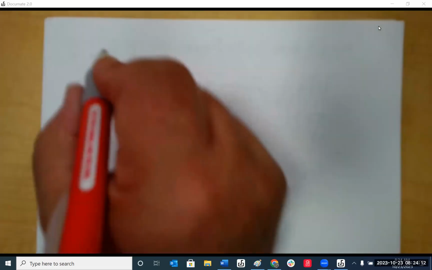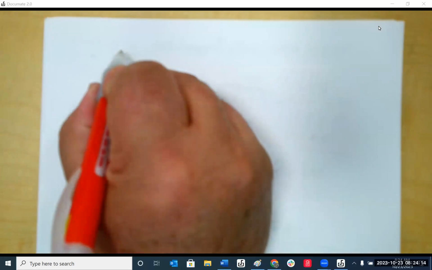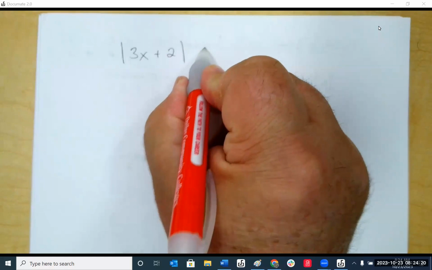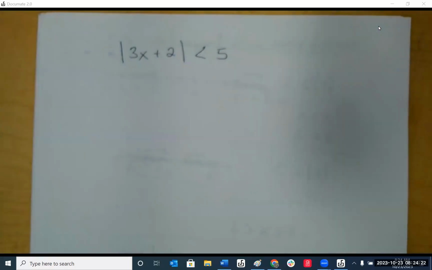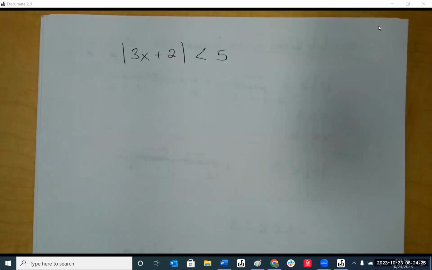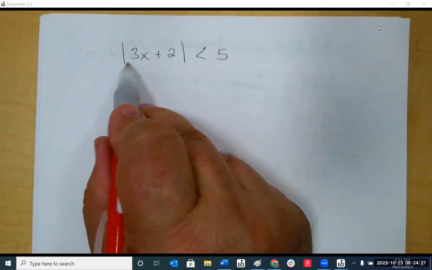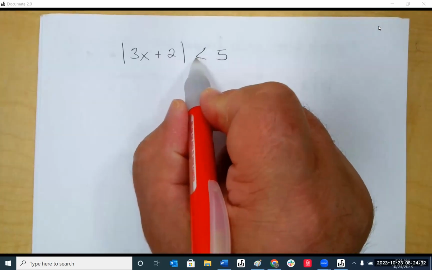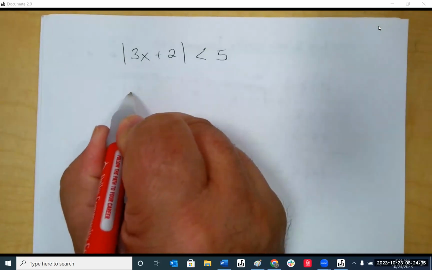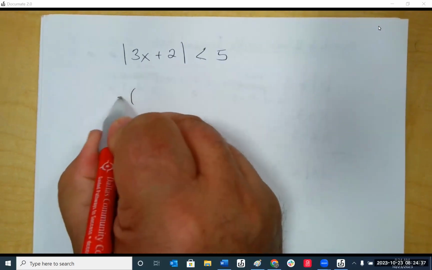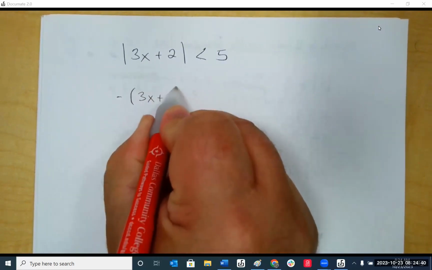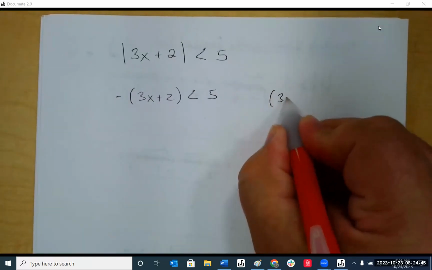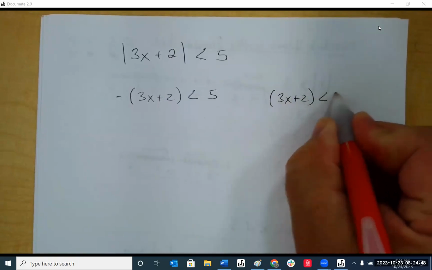Let's take some examples. The absolute value of 3x plus 2 is less than 5. The absolute value is isolated, so we can drop the absolute value. But when we drop it, it's going to be negative (3x plus 2) is less than 5, and positive 3x plus 2 is less than 5.